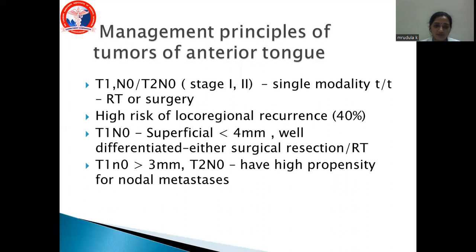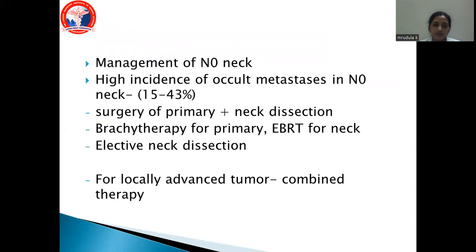T1 N0, when it is superficial, less than 4 mm in size, and well differentiated, you can go for surgical resection or radiotherapy. T1 N0 more than 3 millimeters, and T2 N0, have high propensity for nodal metastasis. So whenever there are no palpable nodes and only the tumor is present, you have to manage the neck nodes also.